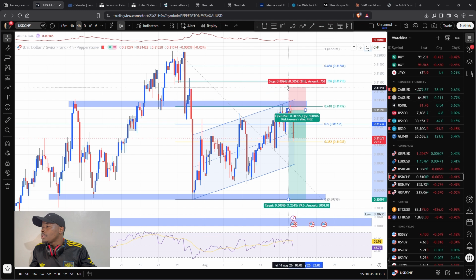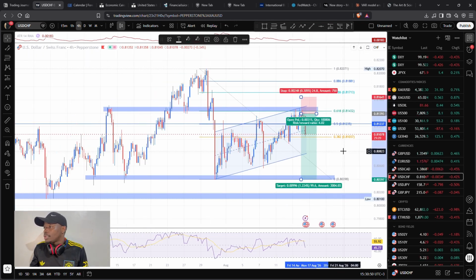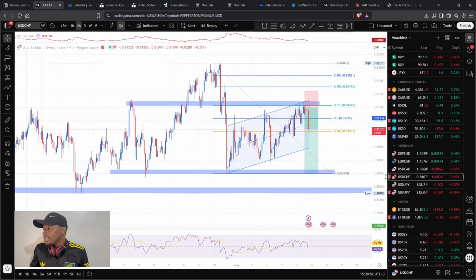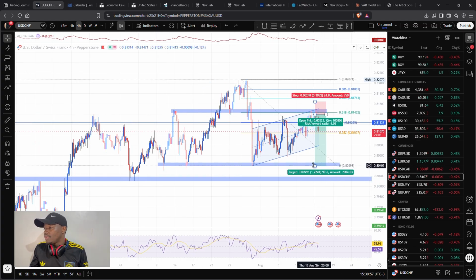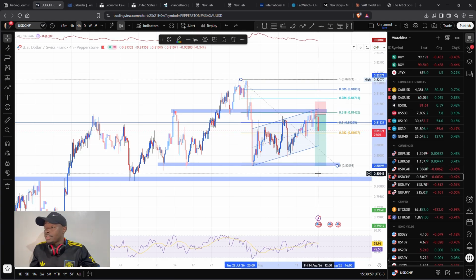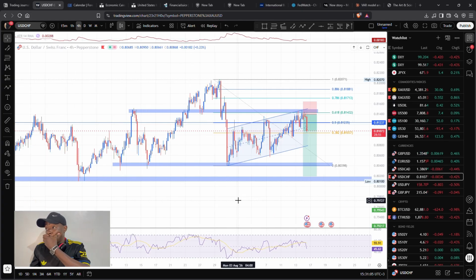So the stop loss above there gives me about a 4 risk reward, with targets at around 0.804 and a possibility of letting it run all the way to 0.802, which is at the previous support level, right?